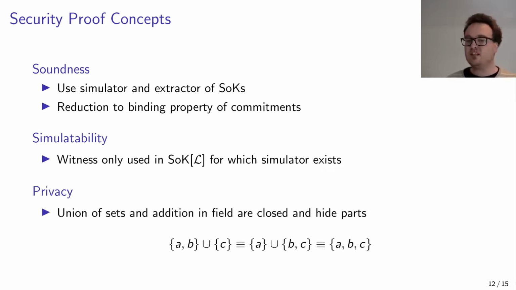And the privacy holds because the union of two sets is indistinguishable regarding how the set was created, and the addition in the field is also perfectly hiding. So thereby the mapping between inputs and outputs is hidden.